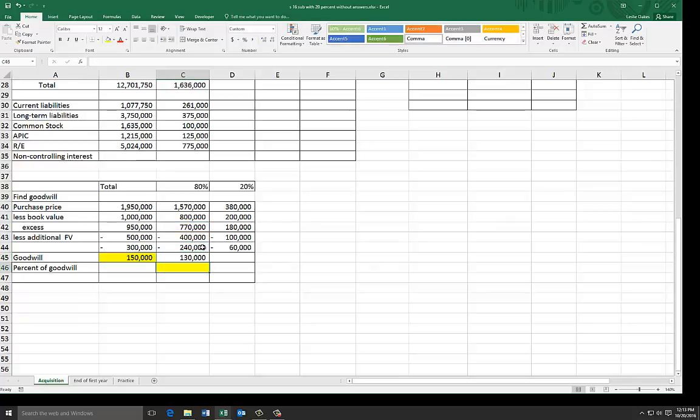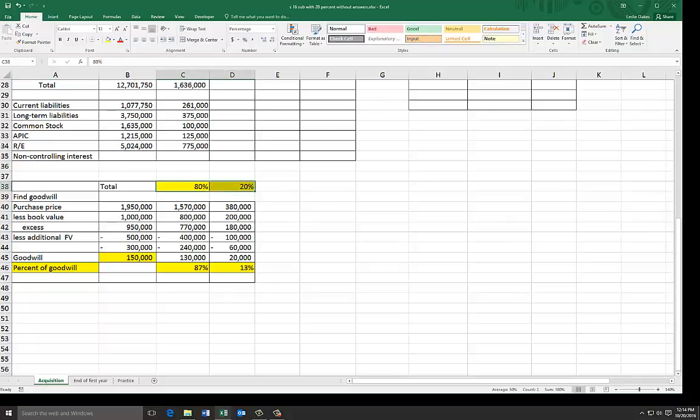The 80% has a goodwill of 130, and the remainder is 20,000. Now, what percentage is this? 130 as a percentage of 150 is 87%, and 20,000 as a percentage of 150 is 13%. So whenever we deal with goodwill, we're going to be using that 87-13 percentage, not the 80-20.